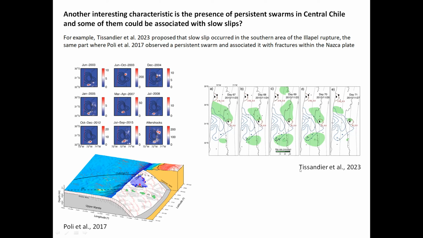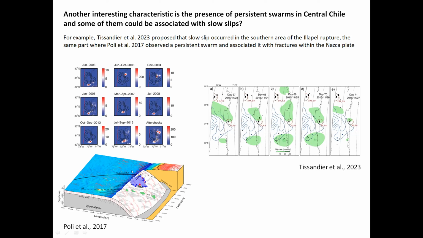Also, Roxanne Pizarro, in the same part, when she studied the slip rate of the post-seismic, found that it was increasing in some periods, and she proposed that a slow slip event occurred during the post-seismic of Illapel. A movement occurs apparently all the time in this part.